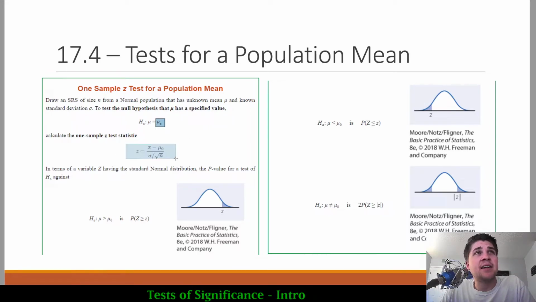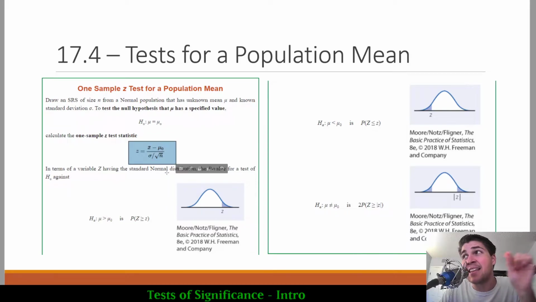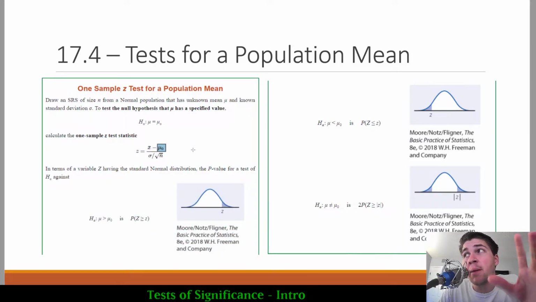Now, the test statistic says z is equal to x bar minus mu 0 divided by sigma over root n. But what I wanted to point out is, notice this is exactly the same as a z-score. You take your score and subtract the claimed value, because we're always operating under the assumption that the claim is true. That's why we're assuming that the true value of the population mean is mu 0. Our sample is evidence against that.